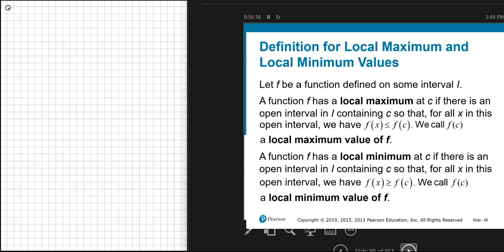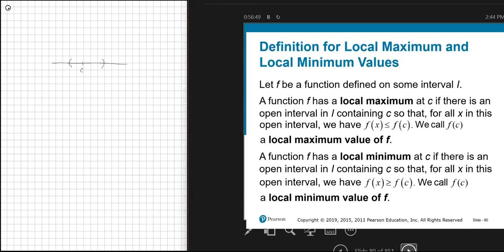Okay, so c has to be inside an interval. It can't be on the endpoints, because in an open interval, you don't include the endpoints. So it has to be inside here, so that for all x in the open interval, f of x is less than or equal to f of c.